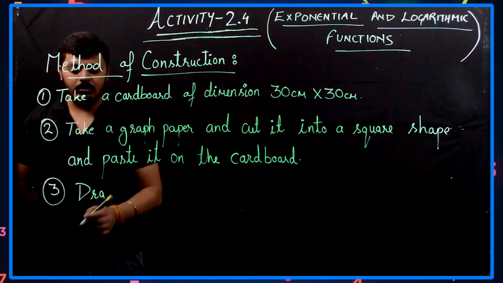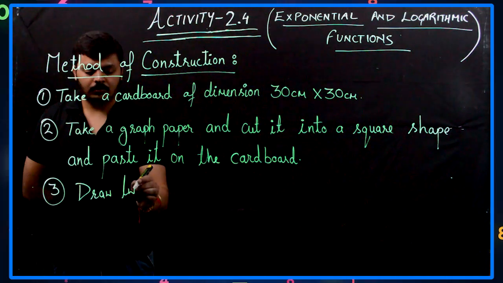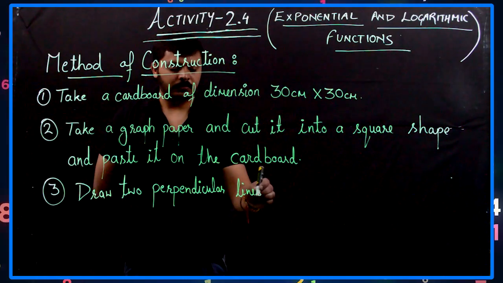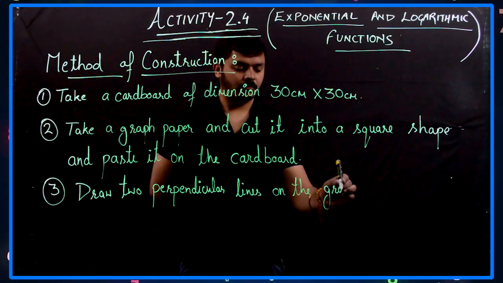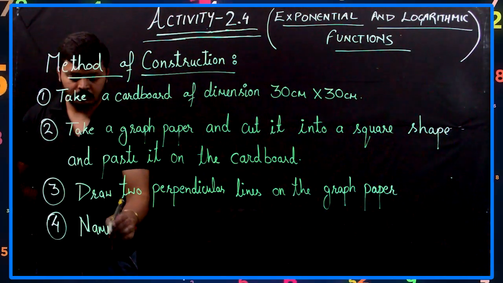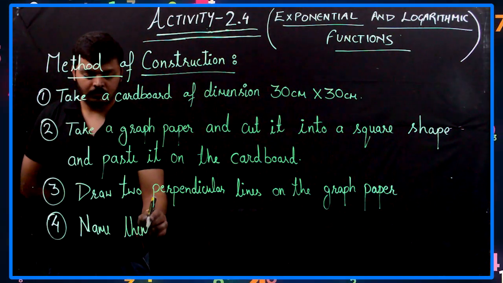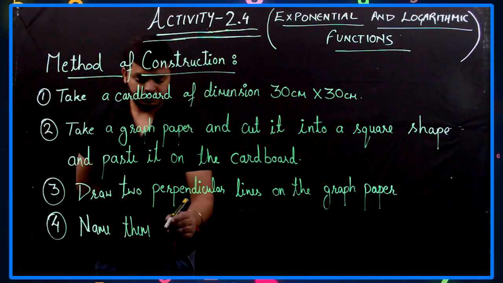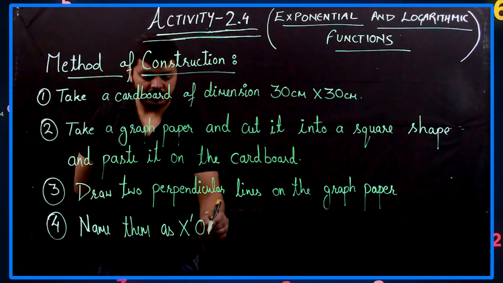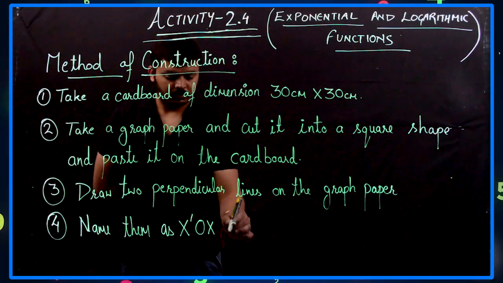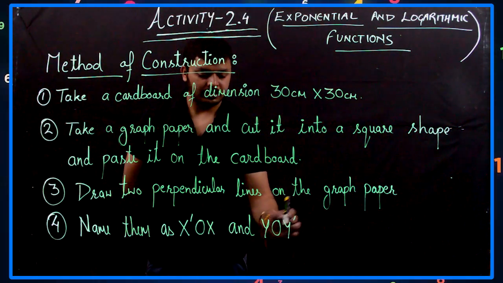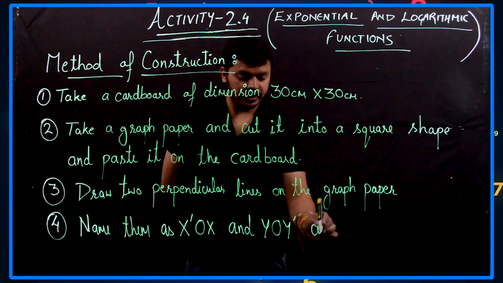Draw two perpendicular lines on the graph paper. Name them X'OX and YOY' as coordinate axes.